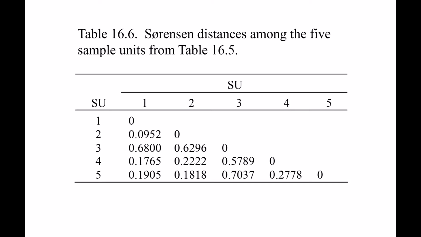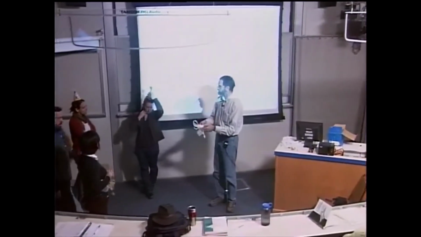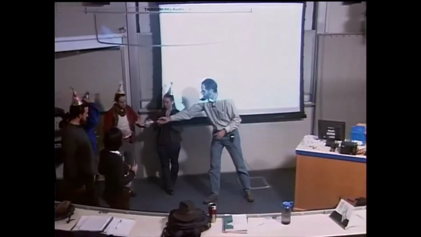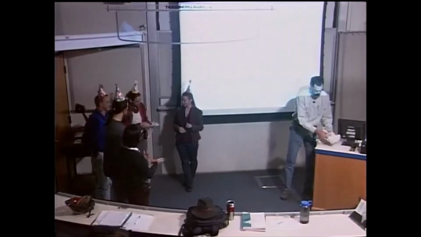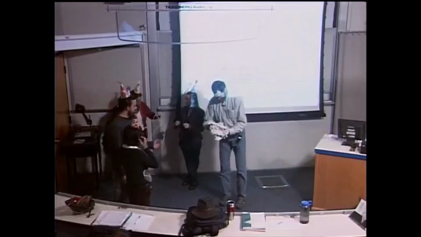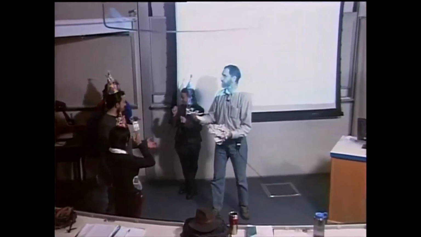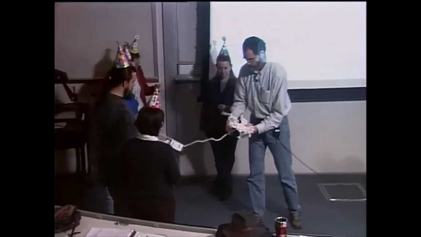And what I've done then is calculate Sorensen distances from that data set I just showed you among each of these sample units. And each rope has 2 numbers on it. So this is the distance between 2 and 3. So your 2, maybe you can undo that and hand the other end to 3. Actually, don't hand the other end to anybody right away here. We gotta do something first. 4 to 5, and 1 to 4.